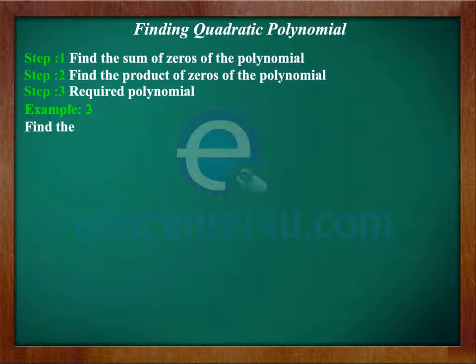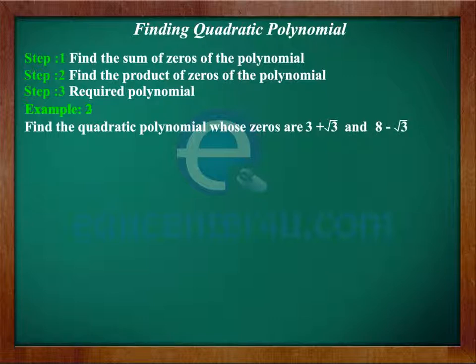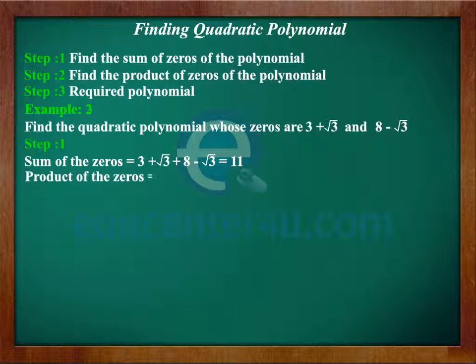Find the quadratic polynomial whose zeros are 3 plus root 3 and 8 minus root 3. Step 1: Sum of the zeros equals 3 plus root 3 plus 8 minus root 3 equals 11. Product of the zeros equals 3 plus root 3 times 8 minus root 3.